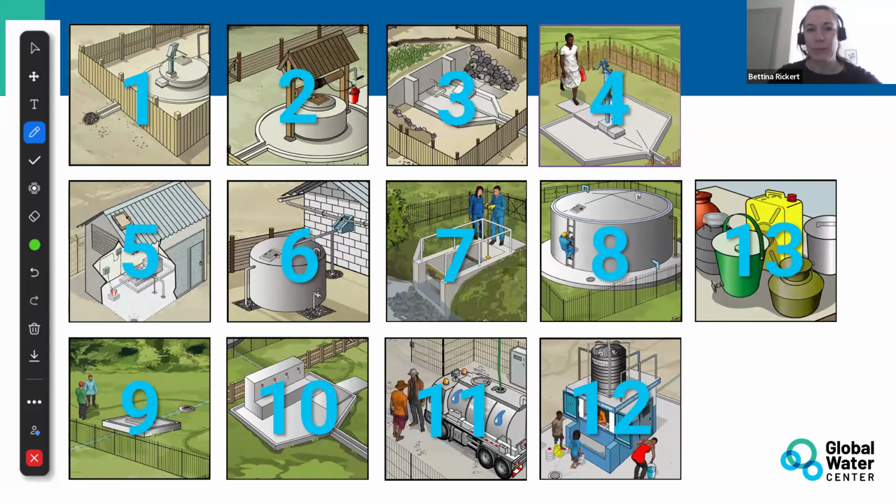And of course, for people who are practicing household storage, ideally, if they've done the sanitary inspections a few times, then they know what to look for every single day to see whether the lid is on the container, etc. So I think also the more often you do the sanitary inspections, the more it becomes part of your system that you already know what to look for without necessarily going through the questions every single time.